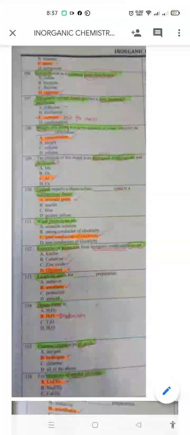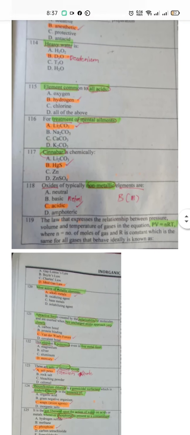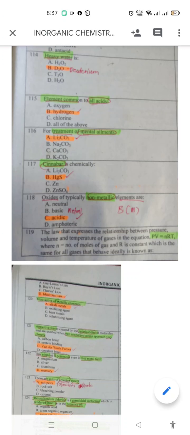Number 118. Oxides of typically non-metallic elements are acidic.